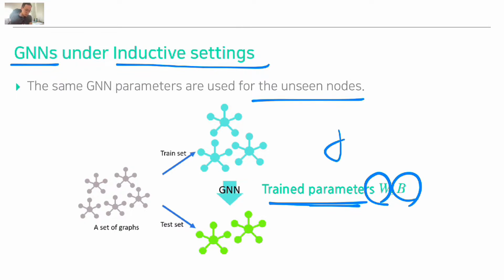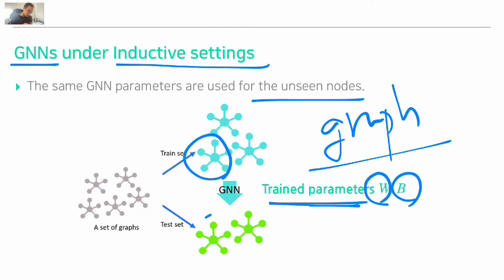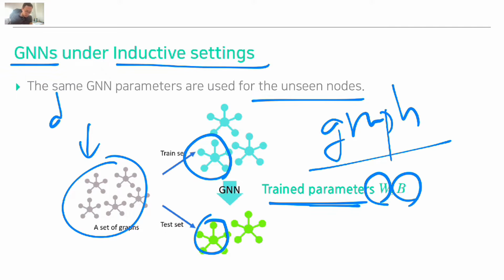So for example, in graph classification, it shows significantly better accuracy compared to the previous baselines. Because with graph data, we assume that even though they are entirely different graphs, the population is from the same distribution, and we believe that the neighboring nodes are distributed in similar ways, and we still apply the trained parameters to the unseen nodes.